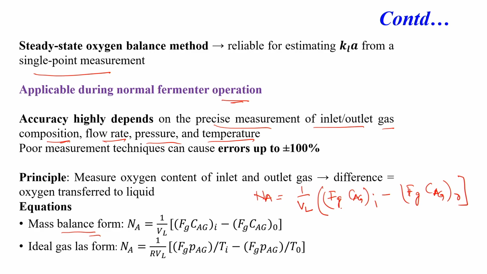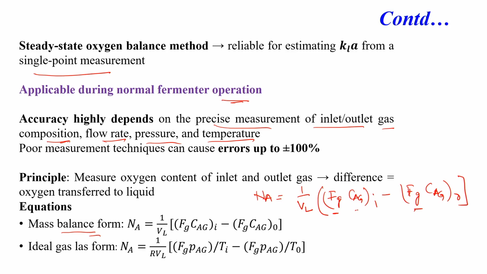Now, it is important that the flow rate at inlet and outlet may vary, it need not be the same. Further, as it is difficult to directly measure the oxygen concentration, mostly oxygen is measured in terms of partial pressure. So, we are going to apply PV equals nRT, or you can say P equals CRT.